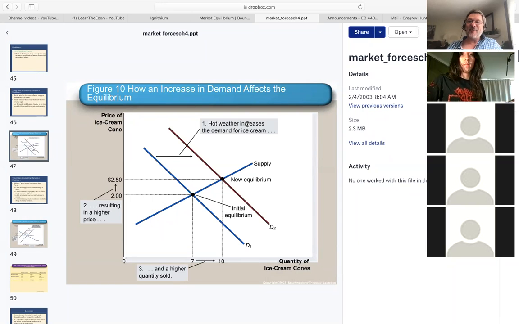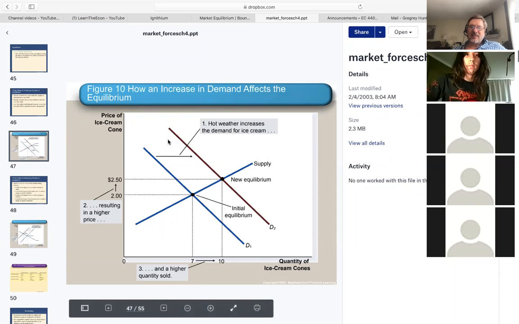And I'm also more likely to go to the frozen yogurt shop or to Cold Stone and get some ice cream or buy a carton of ice cream from the grocery store. So I think that people have this increased taste for ice cream. That's represented by the shift to the right.